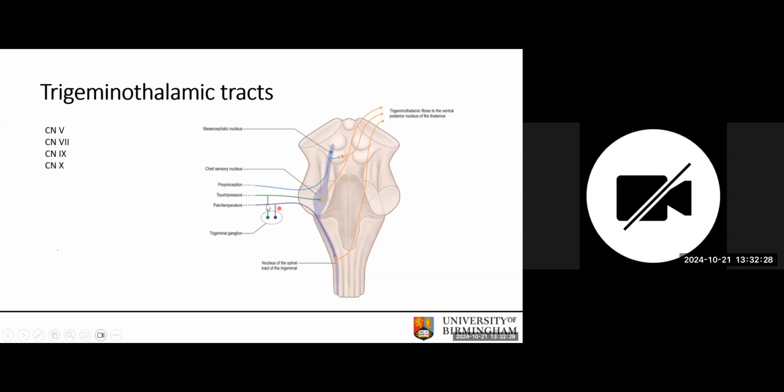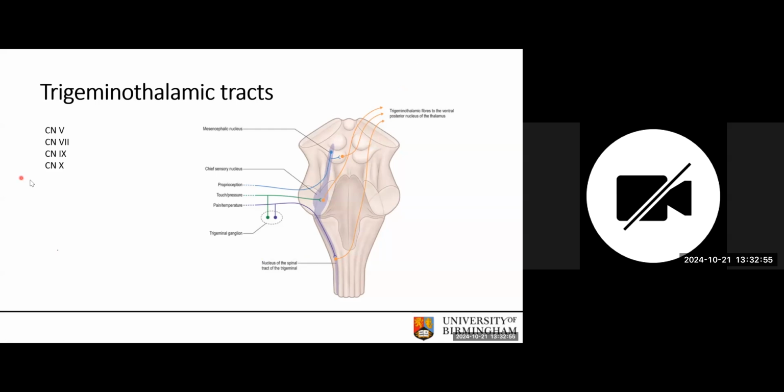So we will have here general sensory. We have proprioception there. Entering here, this one will then synapse with the second order neuron, and then in the thalamus, they will ascend again.